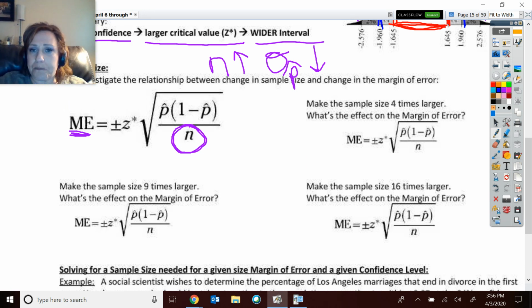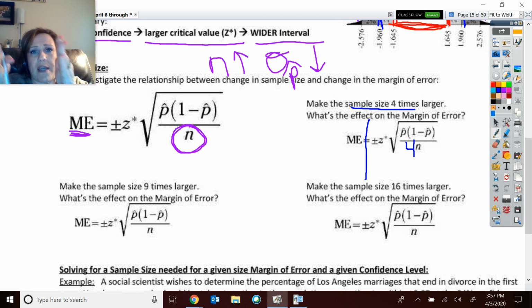So here we go. Make the sample size 4 times larger. So I have an equation here. If I make the sample size 4 times larger, 4n, you know from balancing equations, you can't put something on one side without putting it on the other.